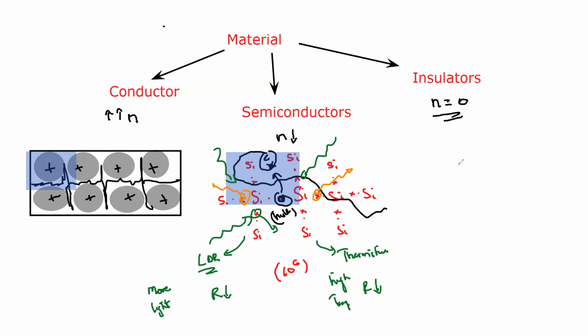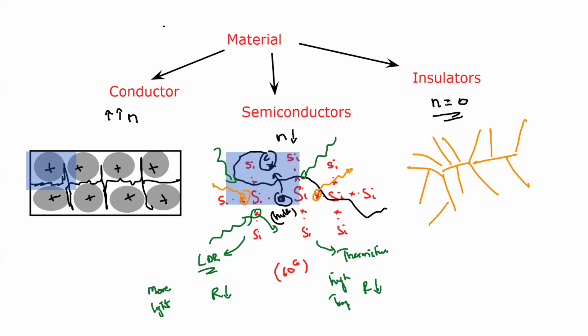But in insulators, most of them have molecular complex structures. So they are bonded, but these bonds do not lose any electron when energy is provided. For example, glass is an insulator, but even glass can conduct electricity at a very high temperature.